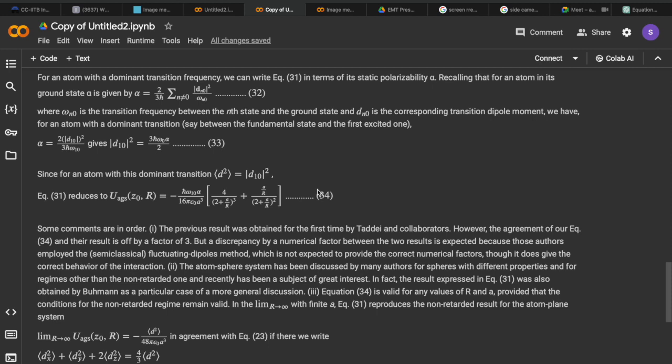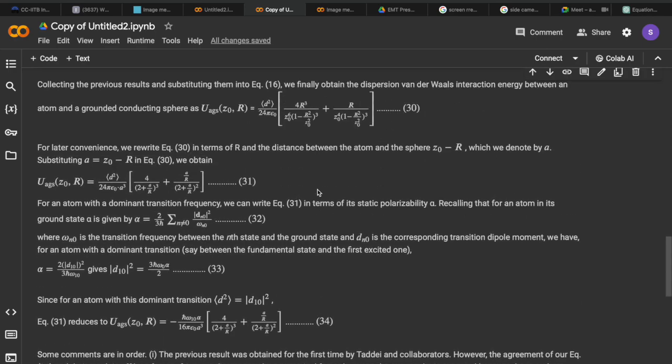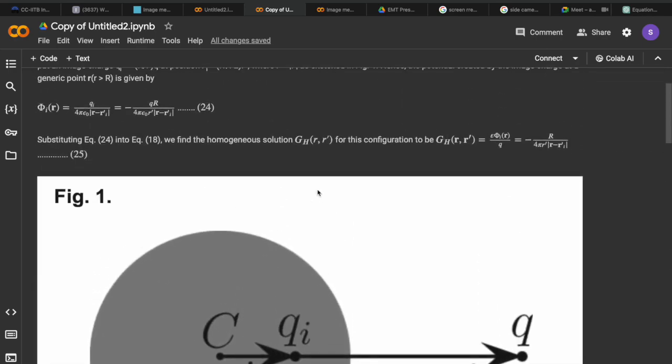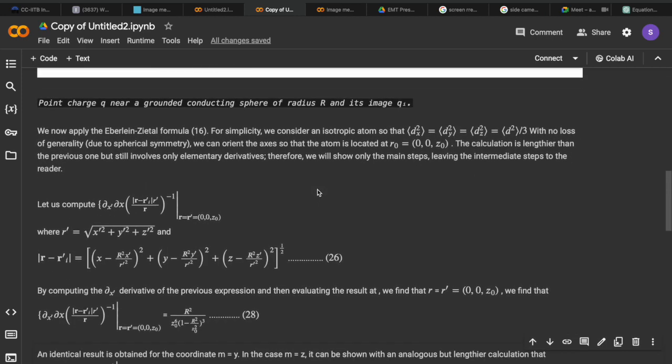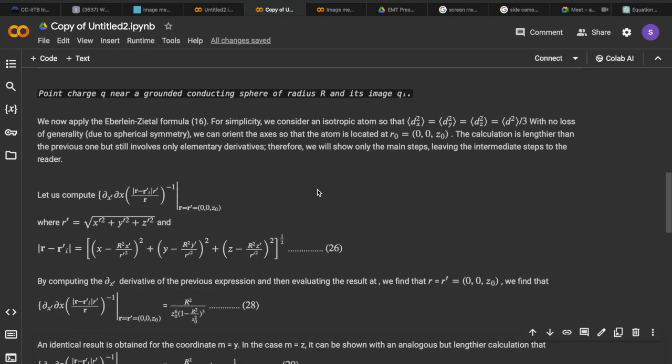Talking about the potential calculation, with the image charge in place, we calculate the potential created by the image charge at the generic point R. The potential, denoted as phi, provides valuable insight into the electrostatic interaction between the atom and the conducting sphere. The presence of a grounded conducting sphere significantly affects the electrostatics of the atom situated nearby.